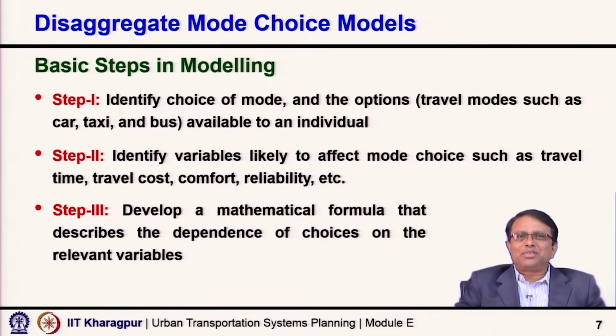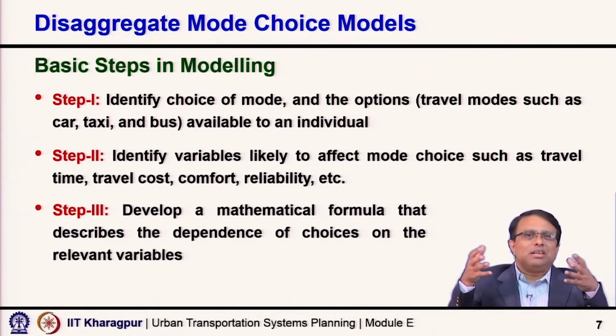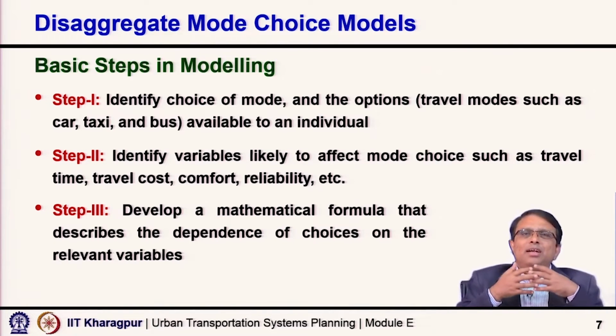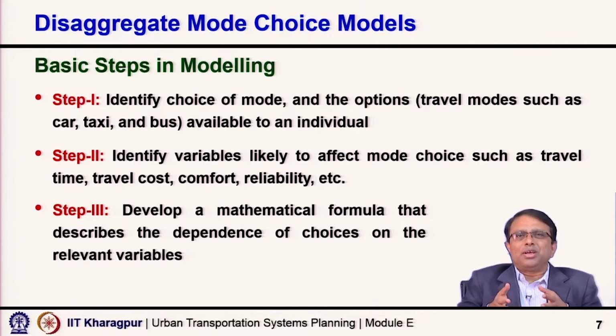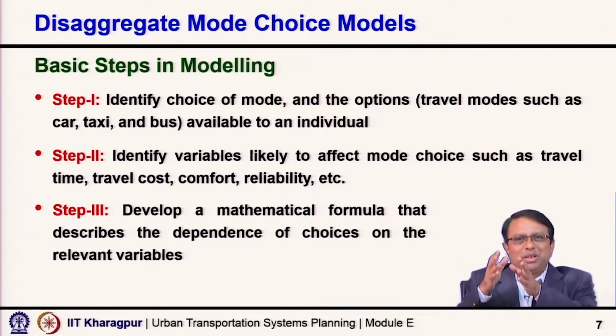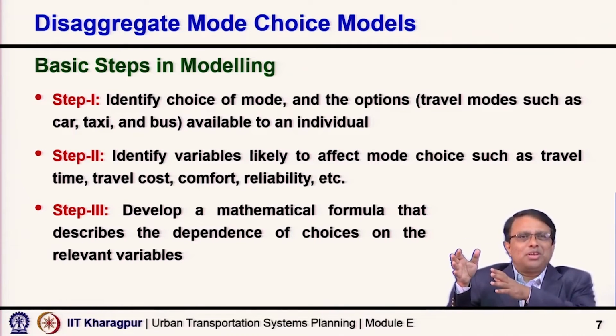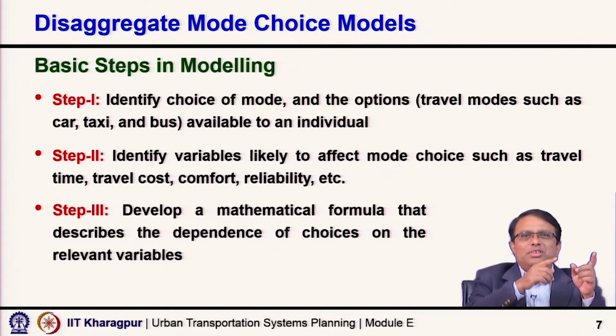Third, that is the most important thing, we try to develop a mathematical formula or mathematical relationship that describes the dependence of choices on the relevant variables. These are my alternatives, these are my attributes or their values, and then how those are related to the choice decision, finally what is being made.